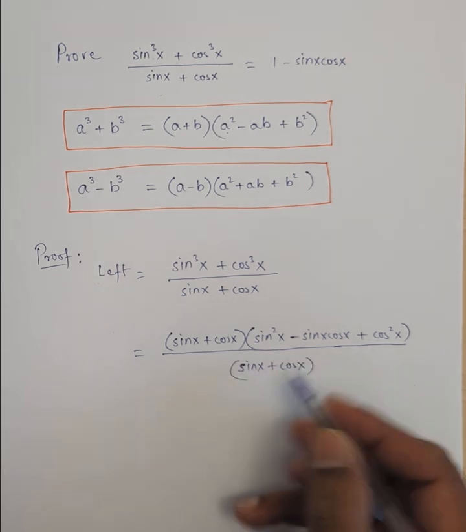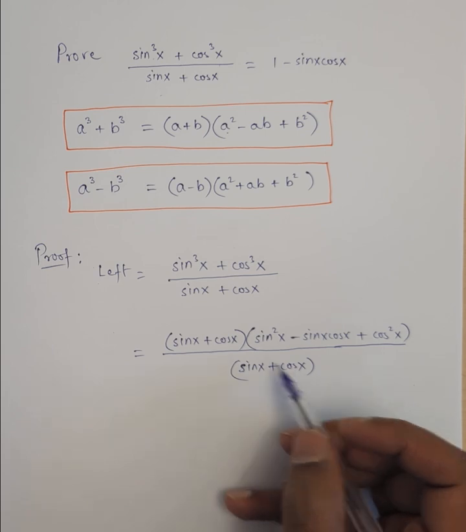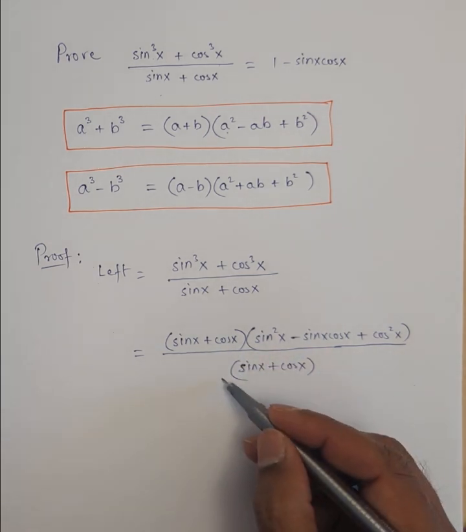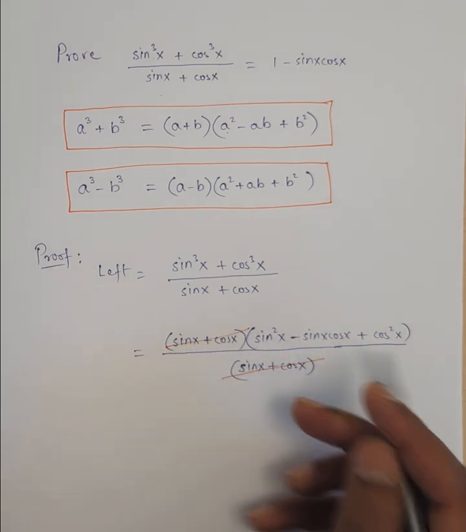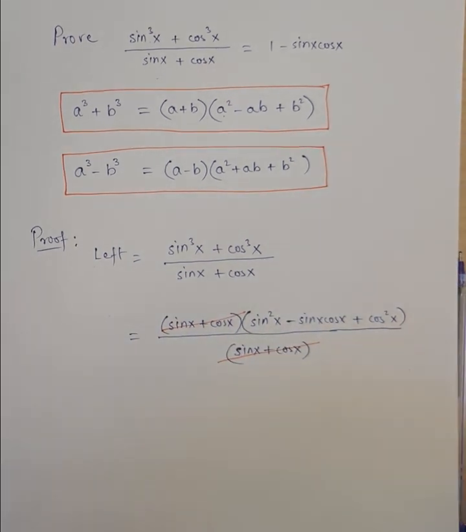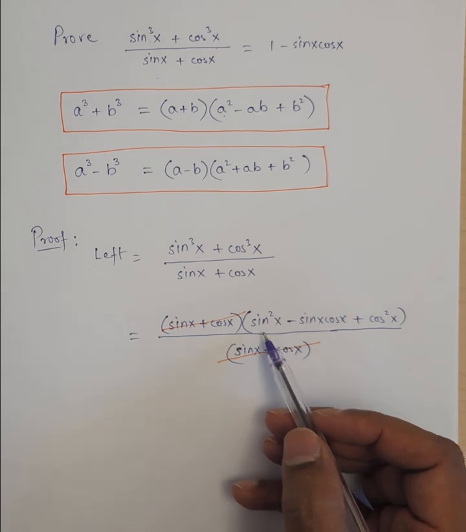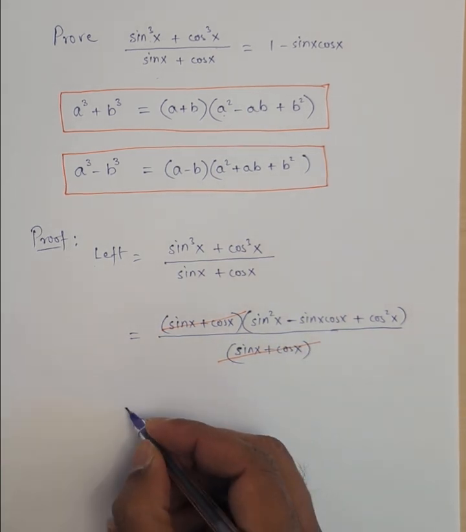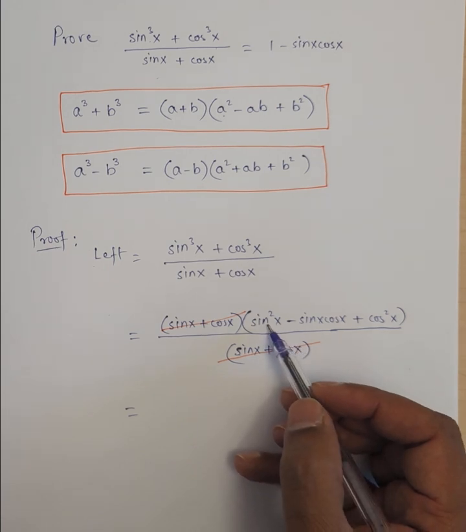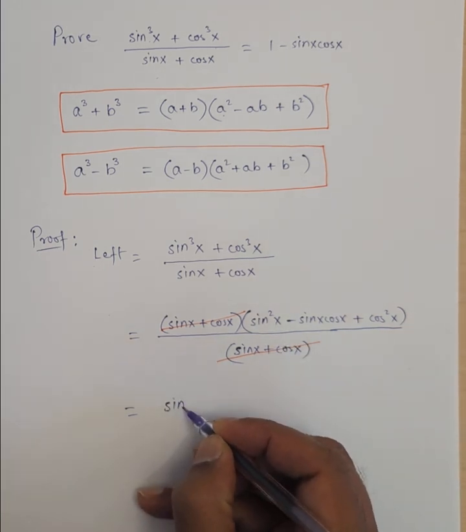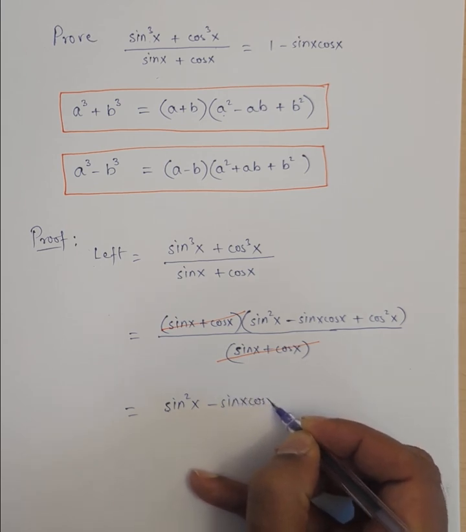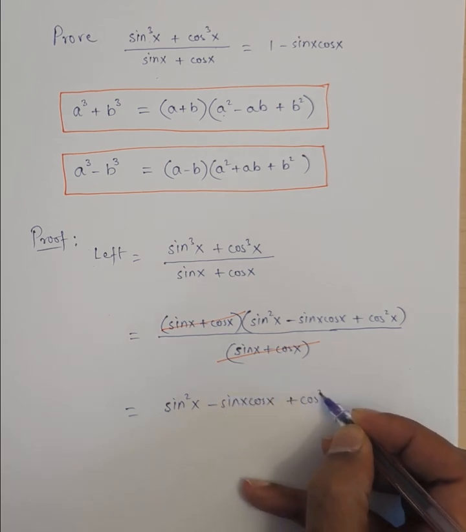Now notice that I have this up here, so there is a common factor. I can cancel the common factors in numerator and denominator. And notice that's the only thing left. I mean, if you want, you can write a 1 here, but there's no fraction anymore. Now it's just sine square x minus sine x cos x plus cos square x.